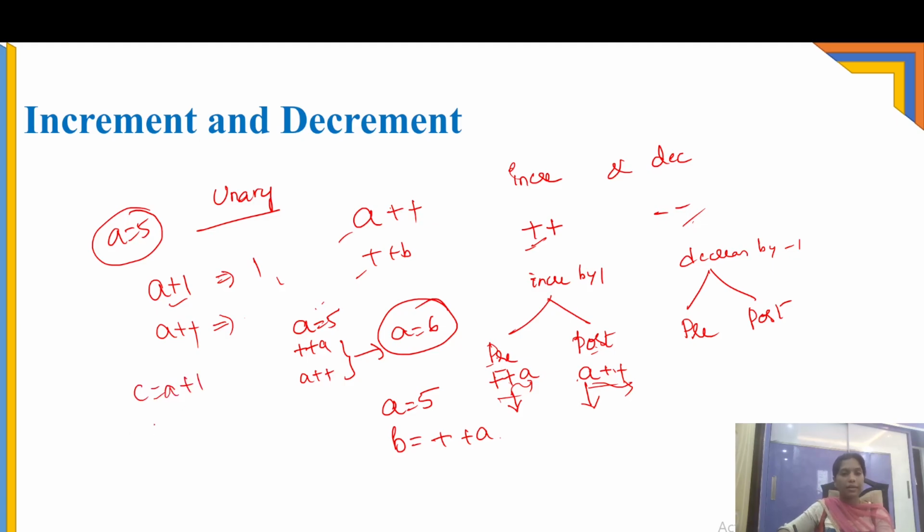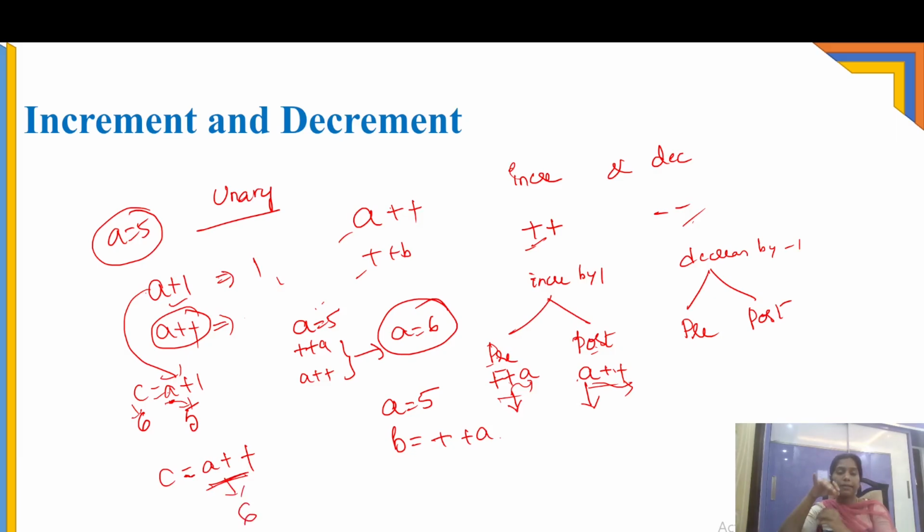What will be the result of C? 6. What is the value of A? 5 only. The value of A is 5, and the value of C is 6 in this case. But in this case, C equals A plus plus. Here, after increasing, the value of A will be 6.